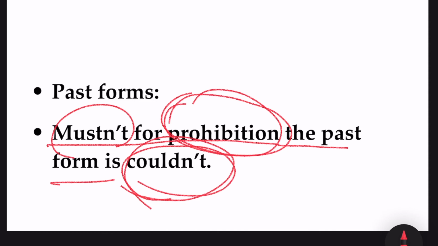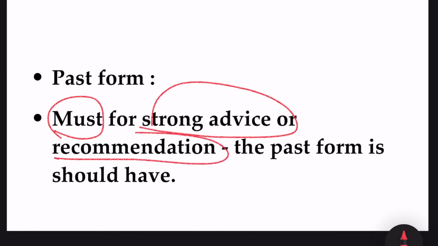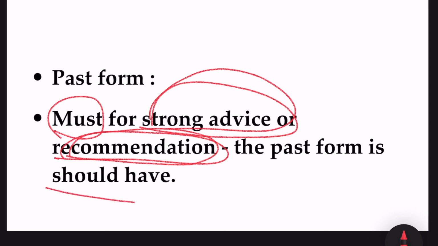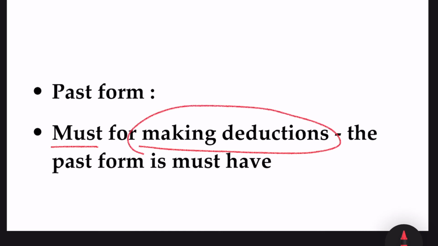Here, we have used must for strong advice or recommendation. The past form of must for strong advice or recommendation would be should have. Then finally, must for making deductions. The past form of must for making deductions would be must have.